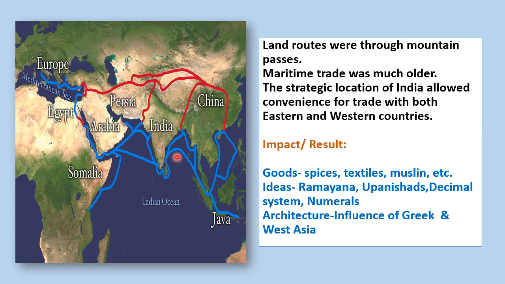These routes have contributed in the exchange of ideas of Ramayana, Mahabharata, Upanishads, Panchatantra, decimal system, numerals, etc. And in the exchange of commodities like spices, textiles, muslin, etc. On the other hand, we also find the influence of Greek sculpture and architectural styles of dome and minarets from West Asia in different parts of our country.